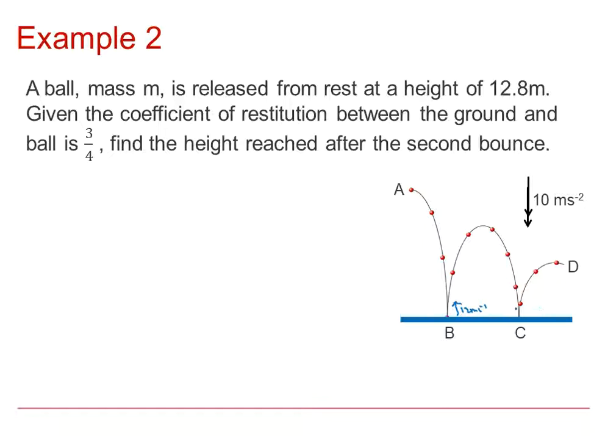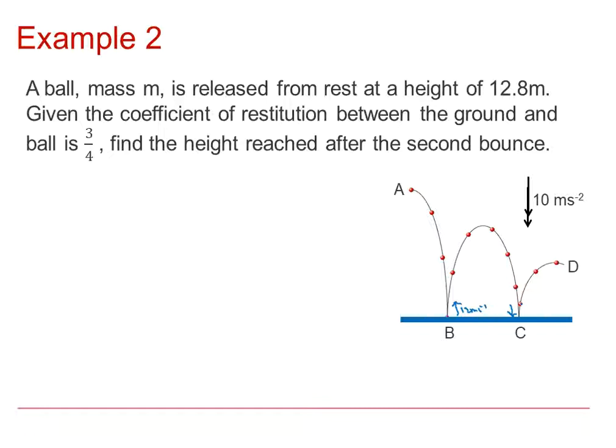And what I'm interested in now is the speed when it comes back down and hits the ground again. Well, we don't really need to do any mechanical theory to find that answer. If this object rebounds at a speed of 12 meters per second and it moves with no air resistance, it will come back down and hit the ground at 12 meters per second.